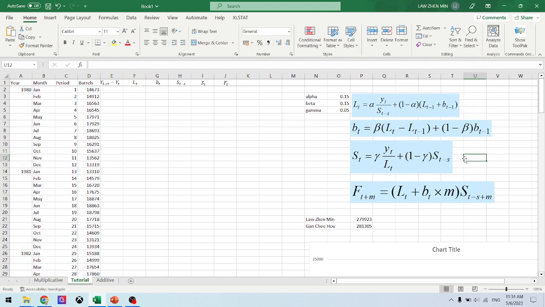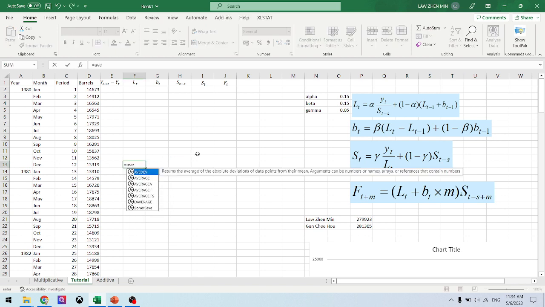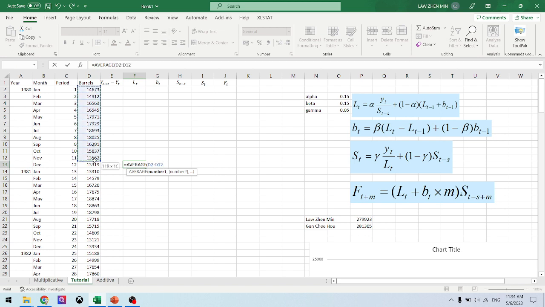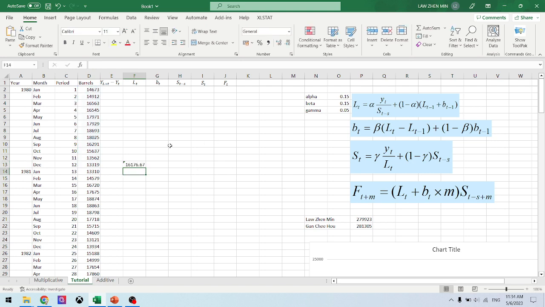So our S here is 12. For the level component, we need to find the average value for the first season period, from January until December here. So now this is the initial value for our level component.